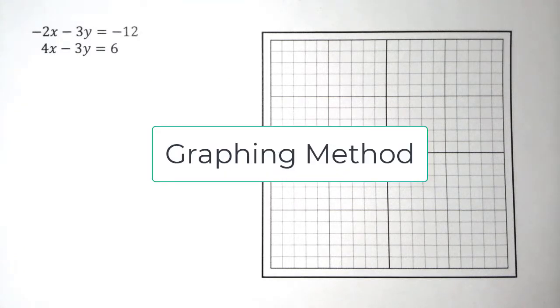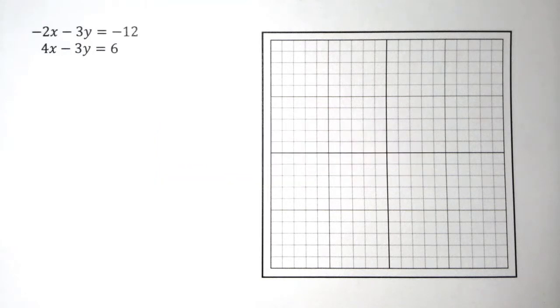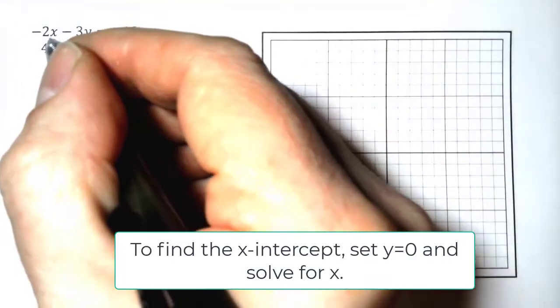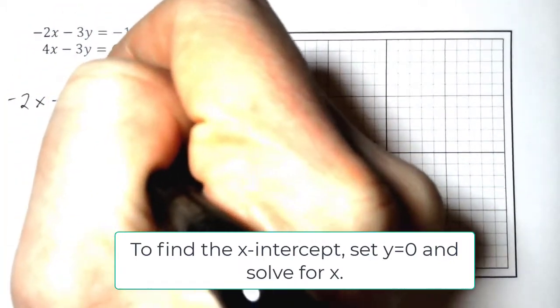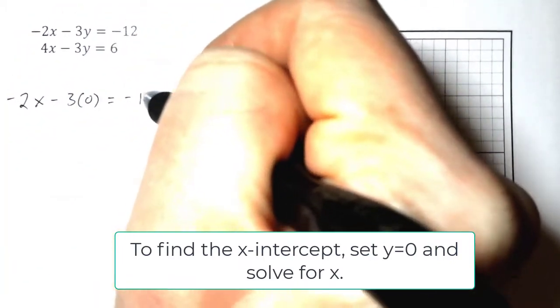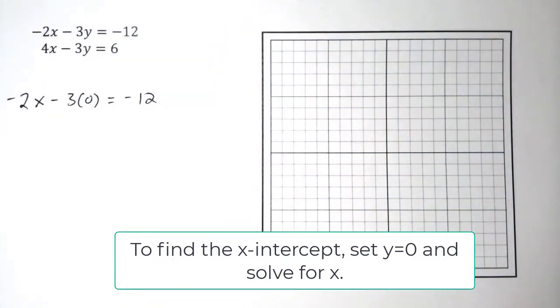So the first equation, I think we can graph pretty easily just by finding its x and y intercepts. To find the x-intercept, we set y equal to 0. So let's write down this first equation where we've substituted 0 in place of y. And we'll simplify.